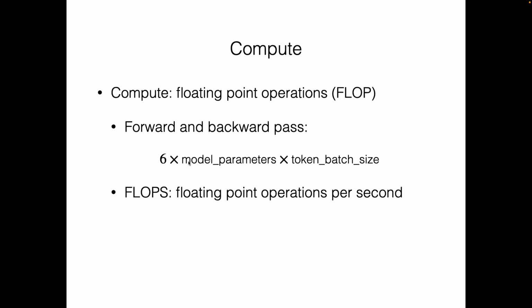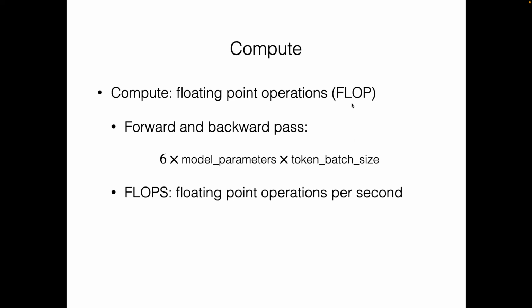Other papers have different approximations, but this one is widely used and simple to think about. It's just 6 times the size of the model and the number of tokens being processed.